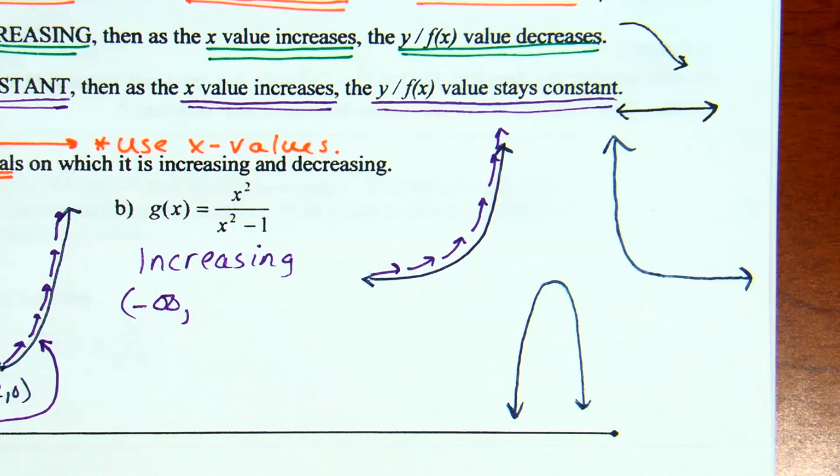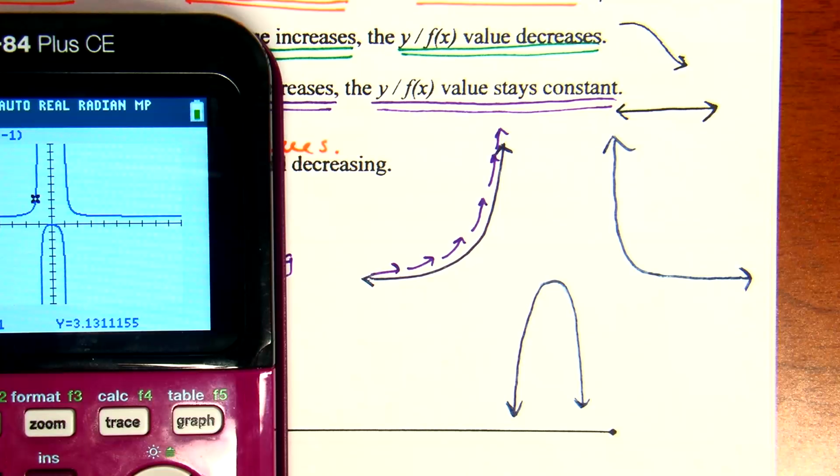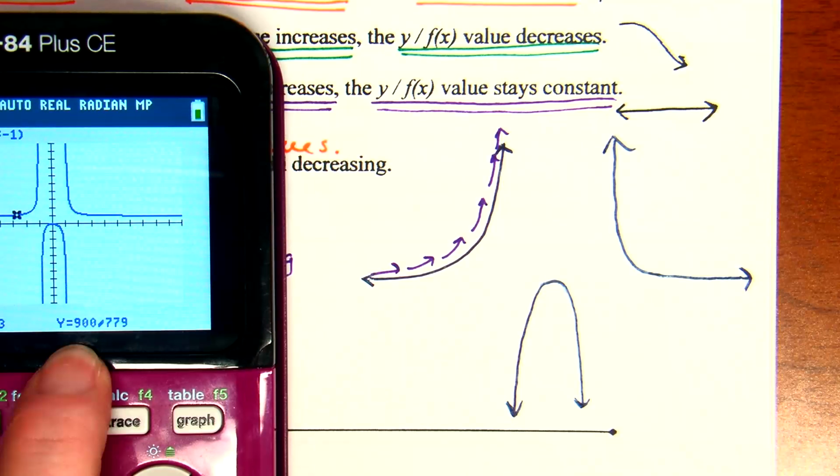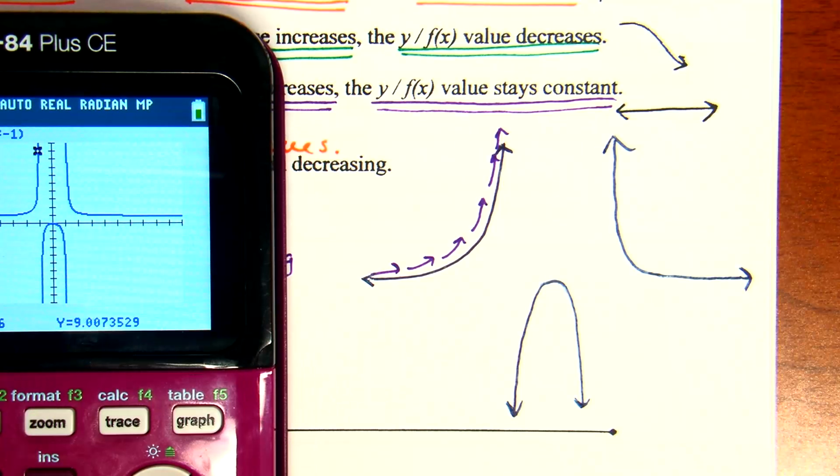So if I hop back on my calculator here, we watched the y values last time, yes? My y values were going up. Watch the x values this time. Negative 2.7, negative 2.5, negative 2.4, negative 2.2, negative 1.9, negative 1.8, negative 1.6. Negative 1.06, and then look what happens after this. We hop down to the bottom portion of my graph, which I'm not ready to talk about yet.